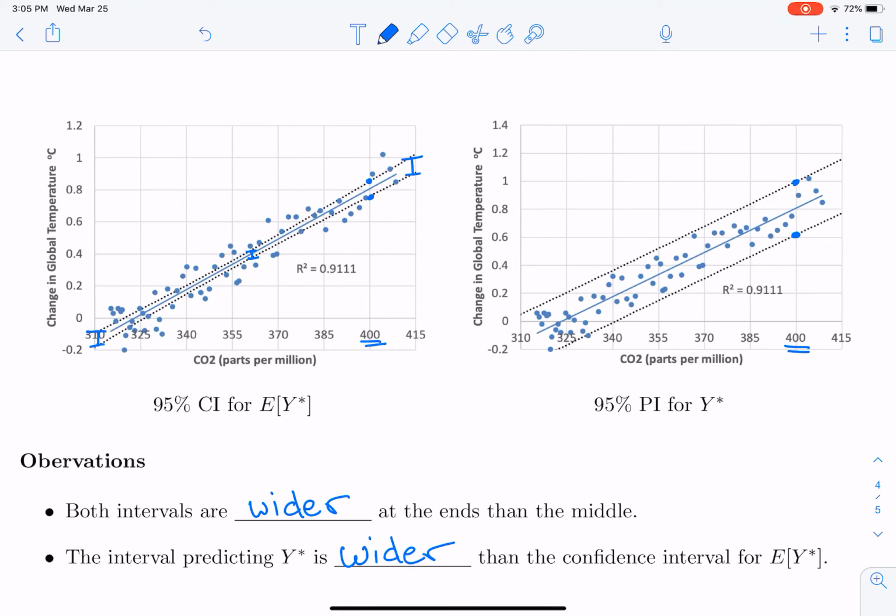You'll notice that the prediction interval in general is wider than the confidence interval. One thing that you won't notice from this graph is that it is actually wider on the ends than in the middle. So we should observe that both intervals are wider at the ends than at the middle, and that the interval for predicting y star is wider than the confidence interval for the expected value of y star.